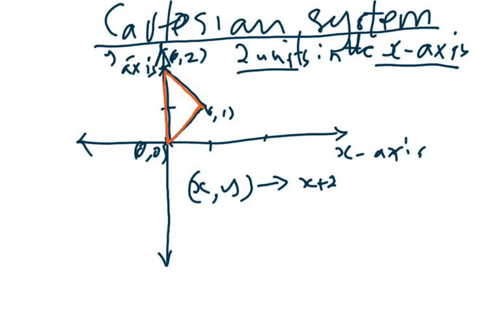So therefore, it will be (x plus 2, y plus 0). Meaning, (x, y), when it is translated, will be x plus 2, and the y coordinates will be y plus 0.